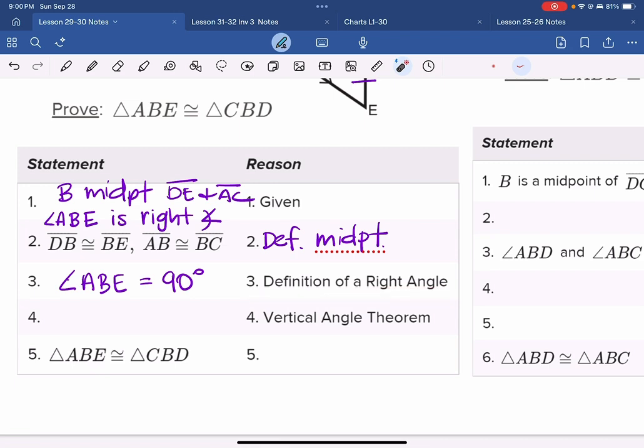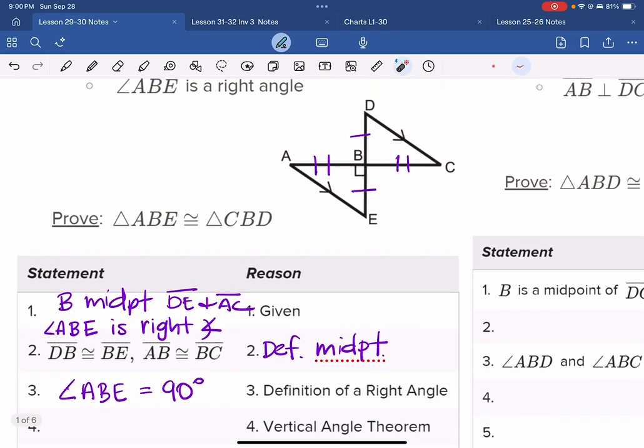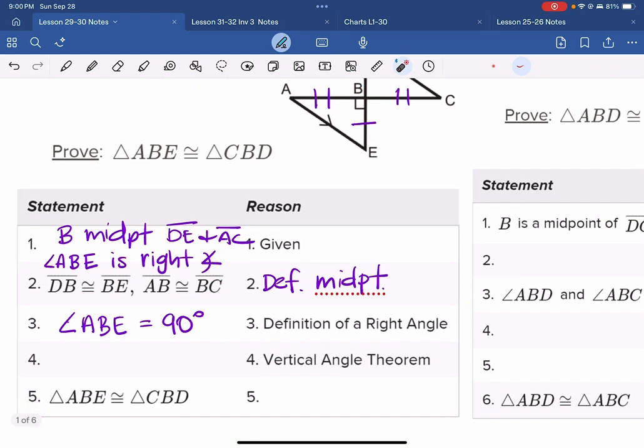That's how we can conclude that. Another hint for line 4 is vertical angle theorem. Basically, they want us to say that these 2 angles are congruent to one another because they're vertical to each other. So we're going to say that angle ABE is congruent to angle DBC.